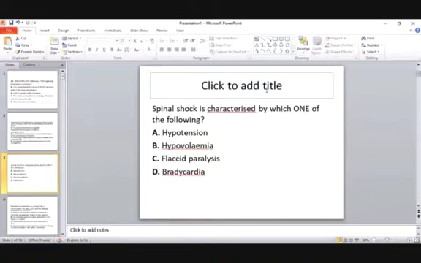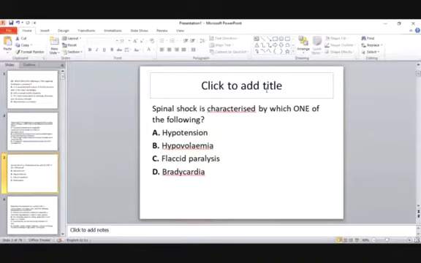Then there is something called autonomic dysreflexia associated with spinal cord injuries. Do you know that? You can't see autonomic dysreflexia in the acute situation. It develops after some time. It's a phenomenon where you get massive sympathetic stimulation when you stimulate the patient below the spinal injury level.